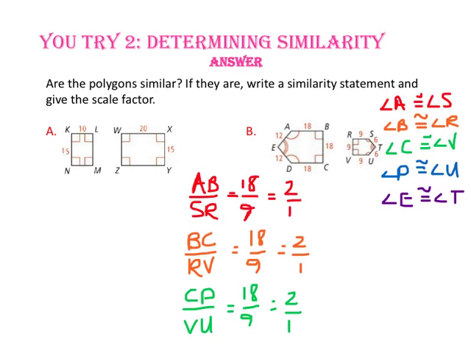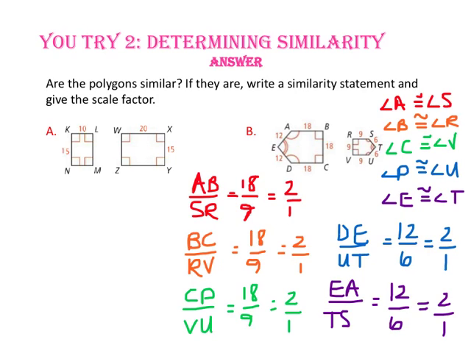Side DE to side UT gives us the ratio of 12 to 6, which simplifies to 2 to 1. Since the lengths of side EA and side TS are also 12 and 6, they will give us the ratio of 2 to 1 as well.